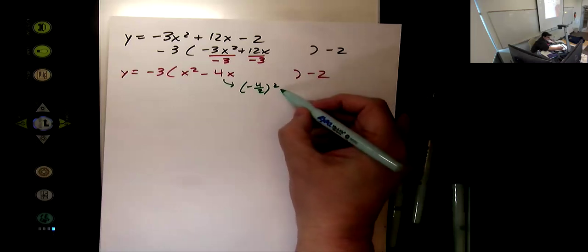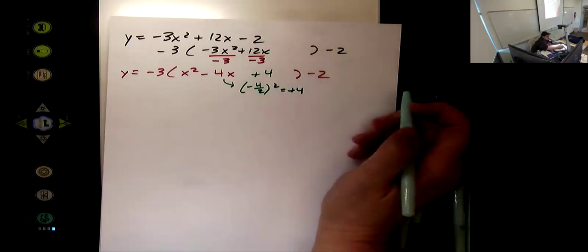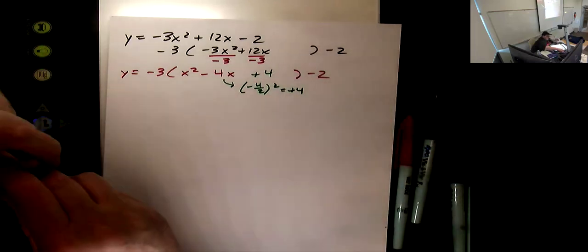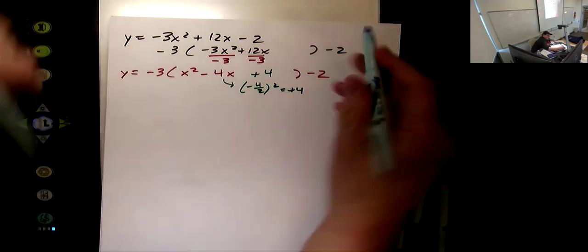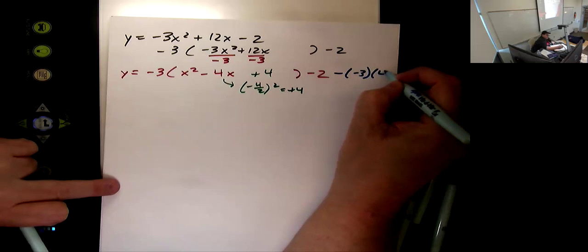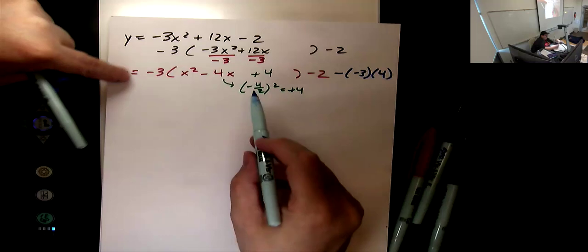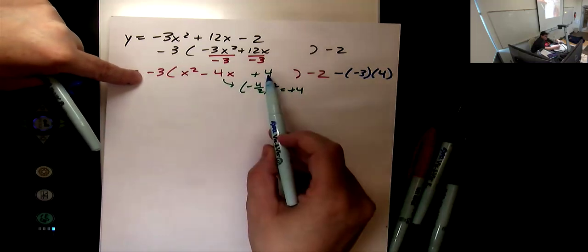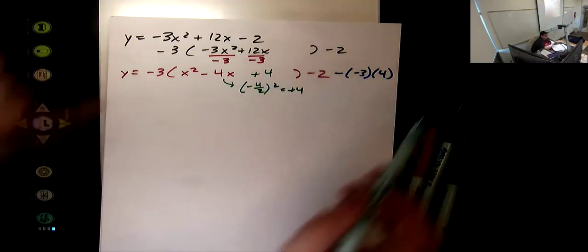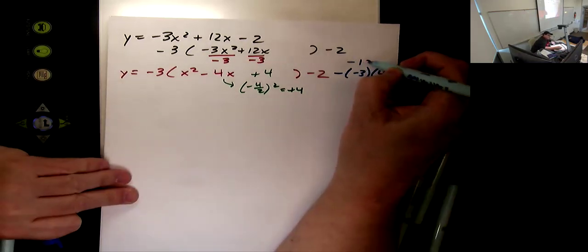That gives us a +4. So I want to subtract -3 times the +4, because that's what I've added. I've added -3 times +4, so I'm going to subtract -3 times +4, which is -12.